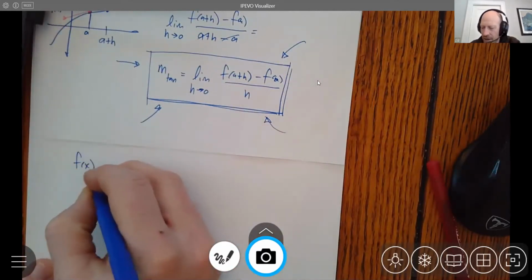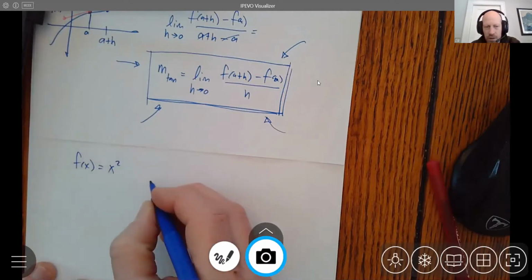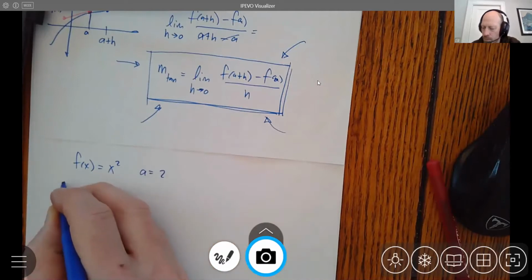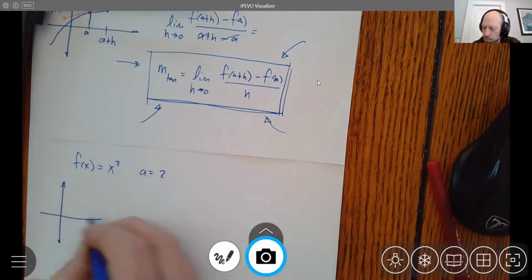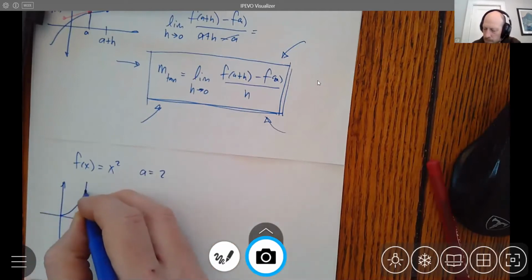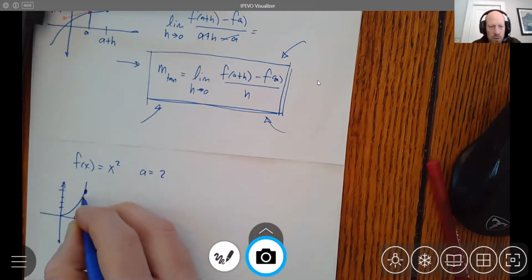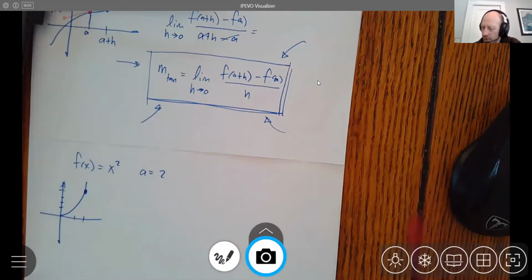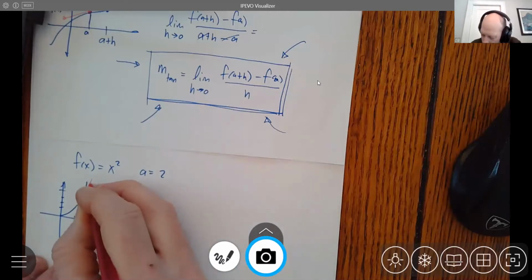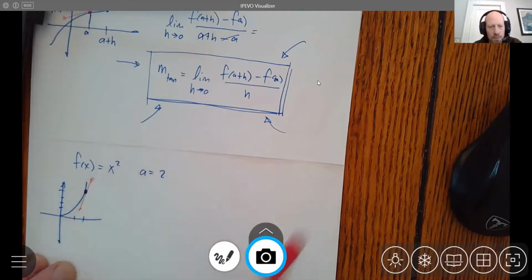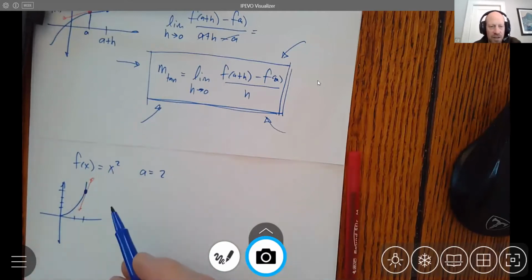Let f of x equal x squared, and let a equal 2. So we're looking at that point. That's the tangent line. My goal is to find the slope of that tangent line.